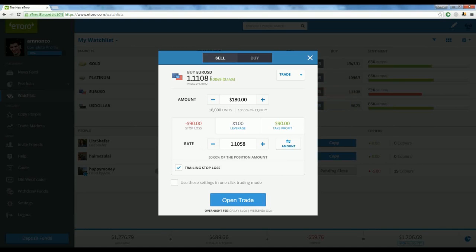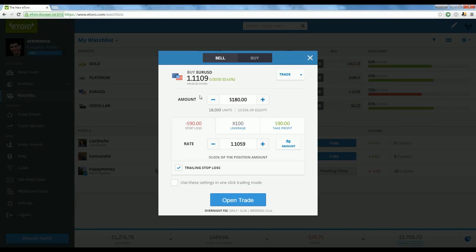So if I open a trade at 1.1108 or 09, later we'll use the exact numbers to show the example, and my stop loss is at 1.1059. This is a difference of like 50 pips.